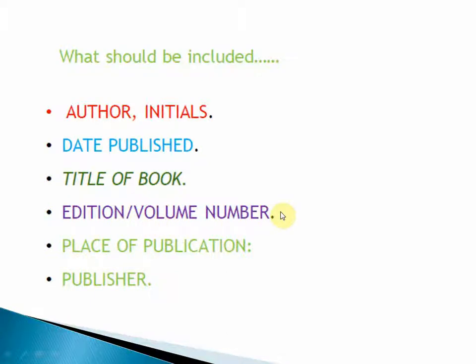Obviously, if you are viewing only the first edition, then you don't include this at all. And then the place of the publication. Now, what's important to note here, please, is when we say place of publication, we mean the city, so not the country. And you must put a colon at the end here, very important, not a comma. And then we put the name of the publisher.